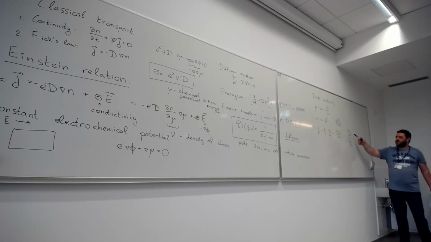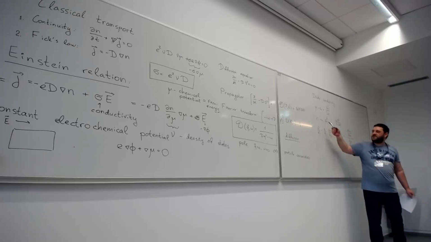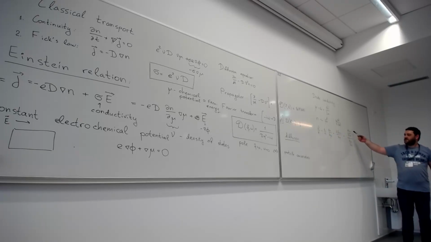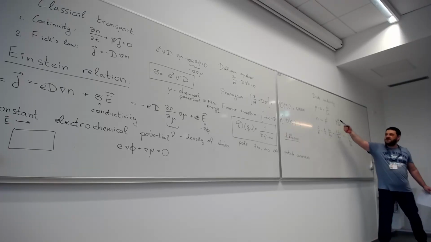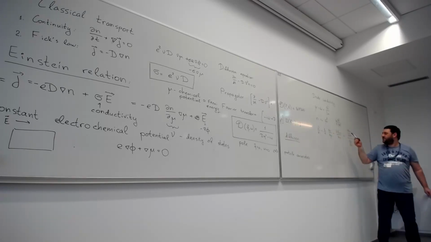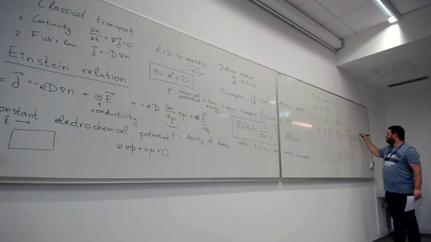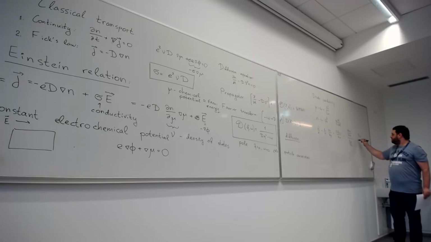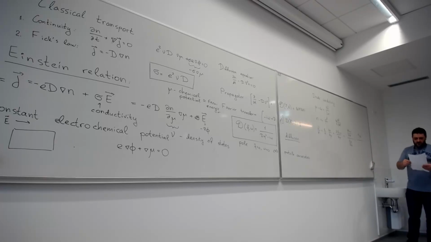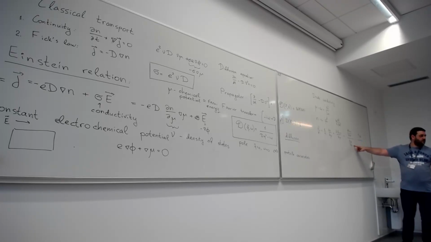For the numerator, I already said that the density is p Fermi to power d. So the logarithm of density is d times the logarithm of p Fermi, and this derivative is d divided by p Fermi. For the denominator, I need d mu by d p Fermi.